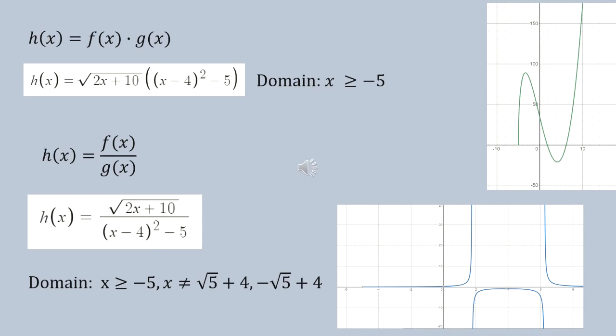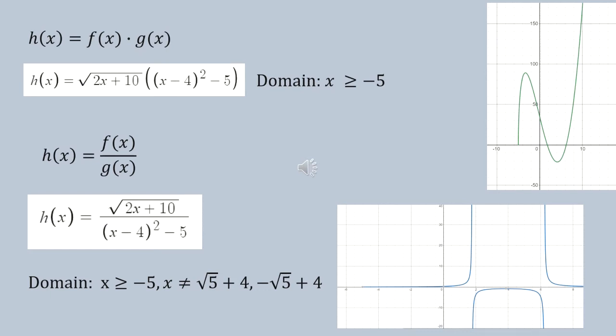Now if I were dividing the square root of 2x plus 10 by the parabola x minus 4 squared minus 5, there are two values that make the denominator 0. If I set x minus 4 squared minus 5 equal to 0, the denominator equal to 0, and I solve, I get square root of 5 plus 4 and negative square root of 5 plus 4.